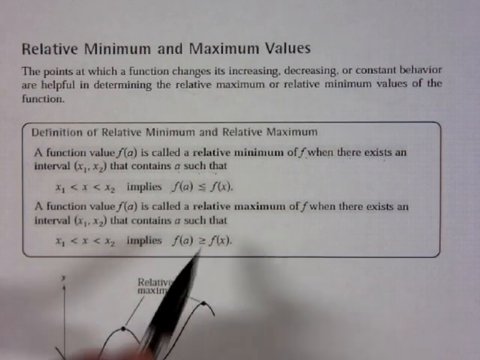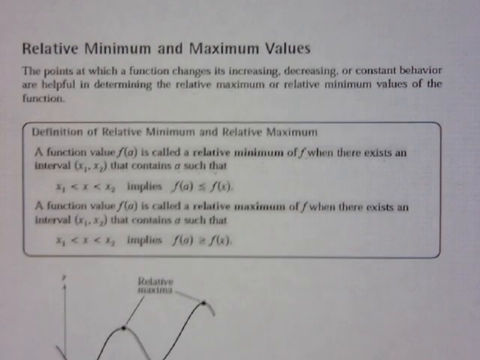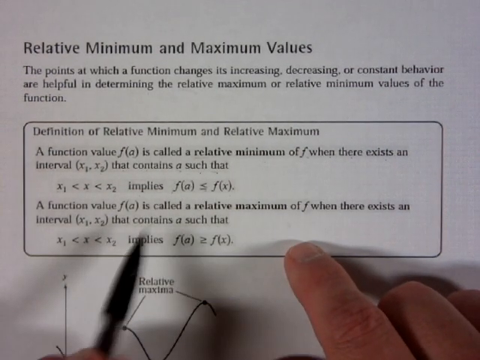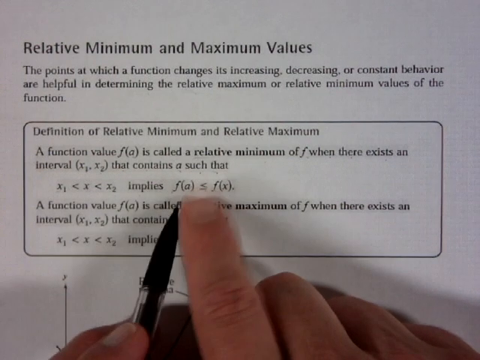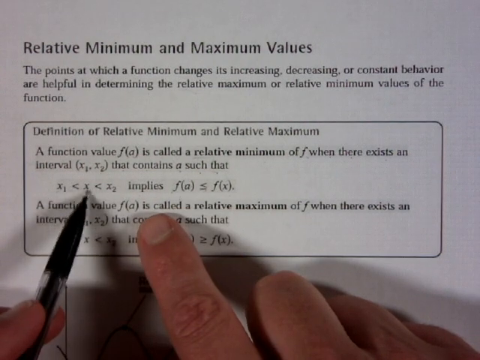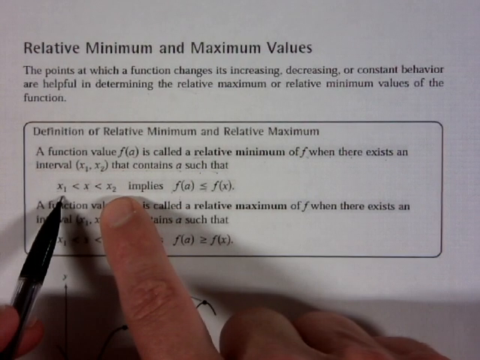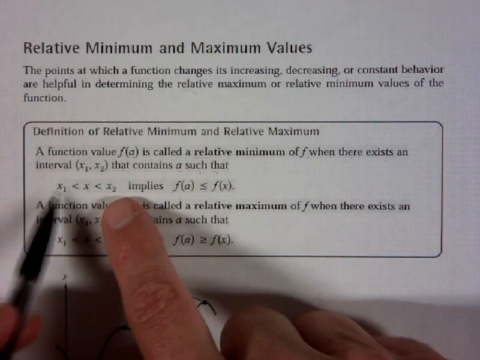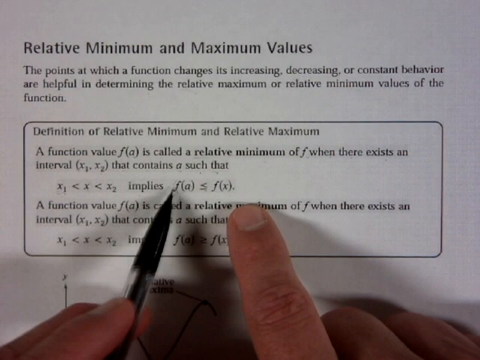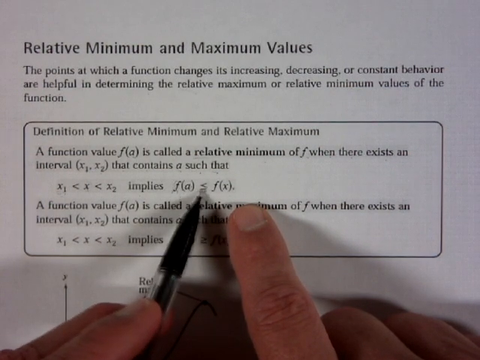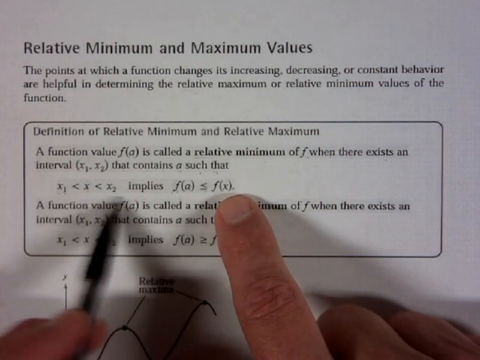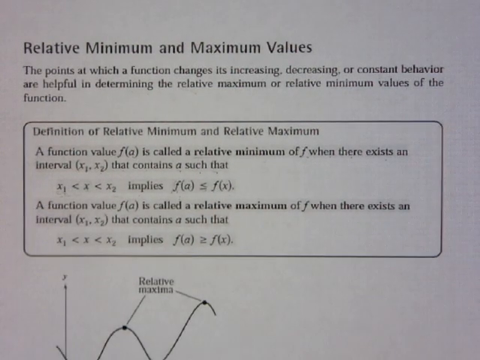So let's think about what that means for just a minute. In order to be a relative minimum, this condition has to apply. If you've got any x that's on that interval, then f of a, when you plug in a and evaluate it, has got to be less than or equal to f of x, anything that you can plug into the function on that interval.